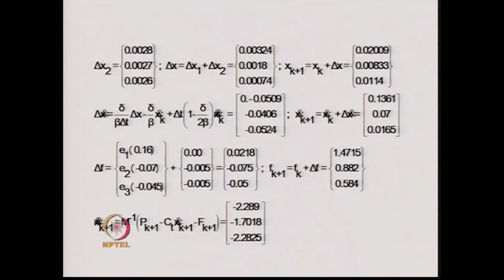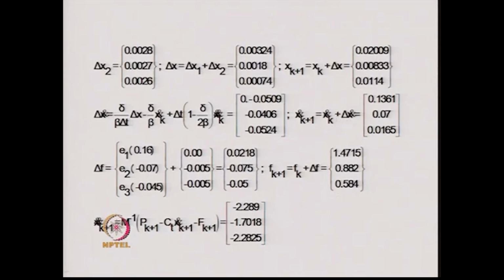After we have obtained x k plus 1 and x dot k plus 1, then we try to find out the total force vector at the current time station. For that we get a delta f, and once we get the value of delta f, then we add delta f with f k to get the value of f k plus 1.